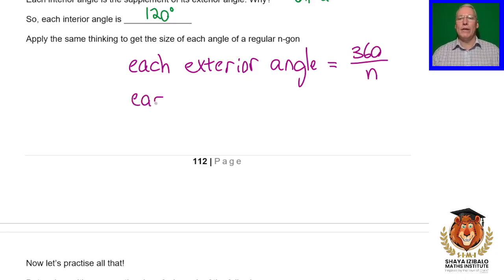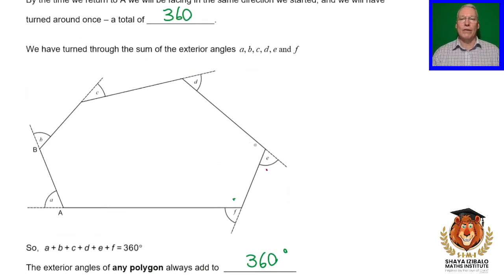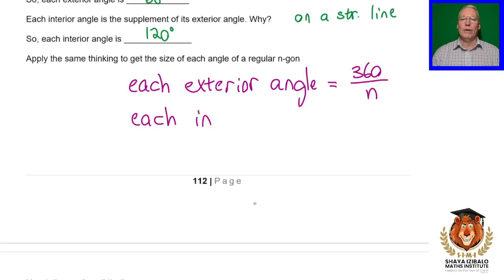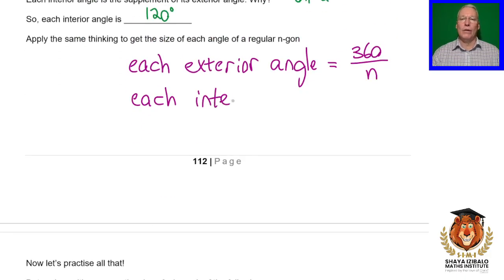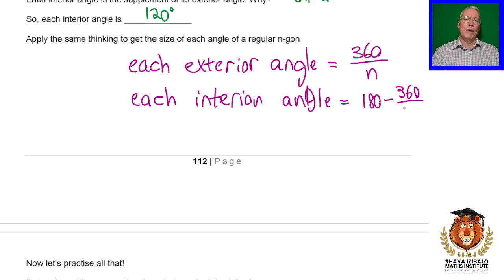And so each interior angle, remember those are on a straight line next door. If this is an exterior angle, here's the interior angle. Each interior angle would equal 180 minus 360 over n.